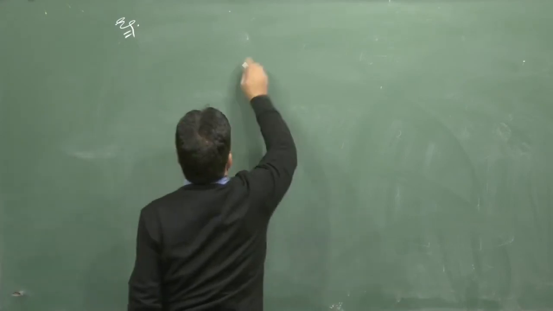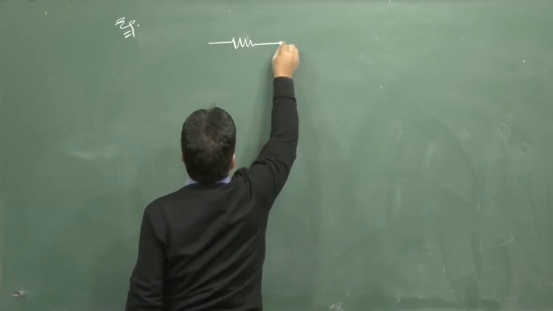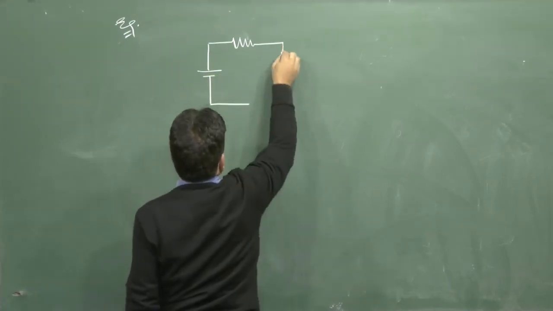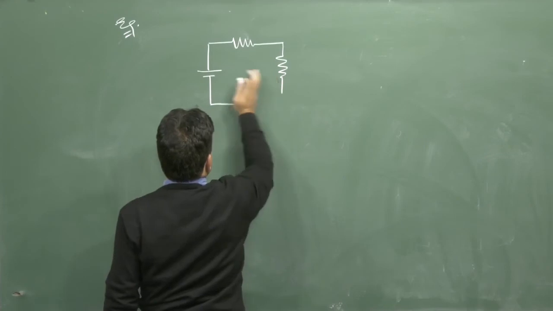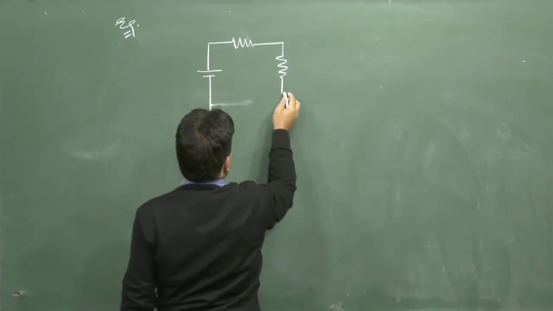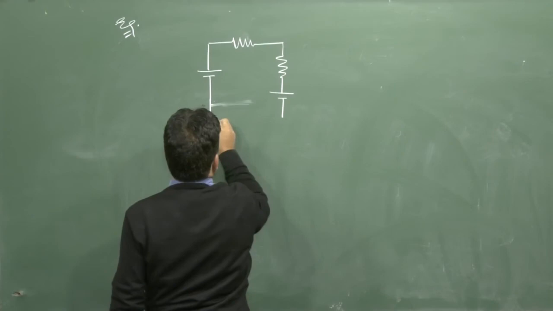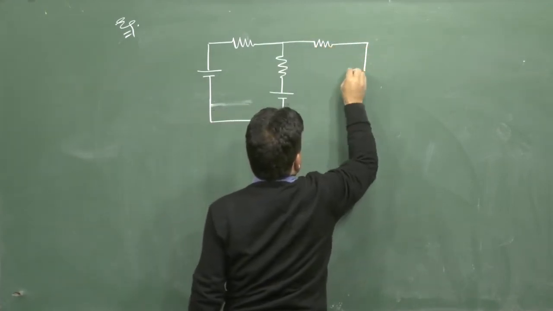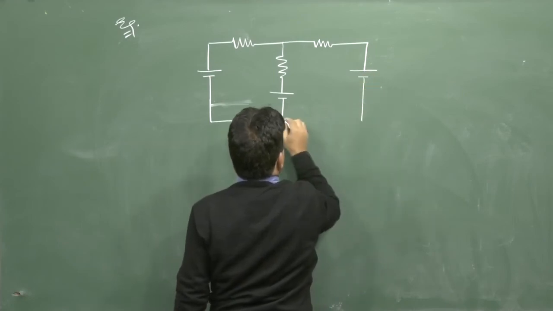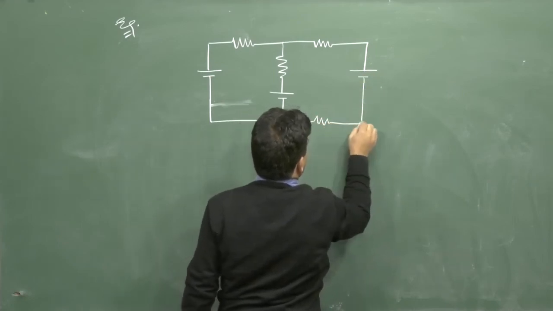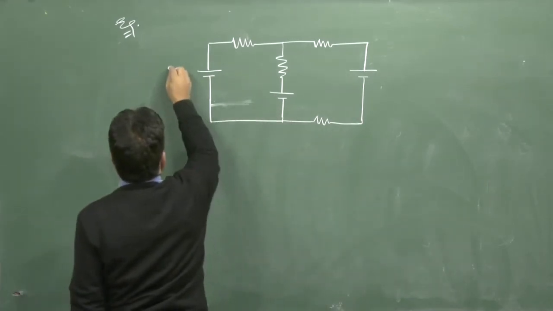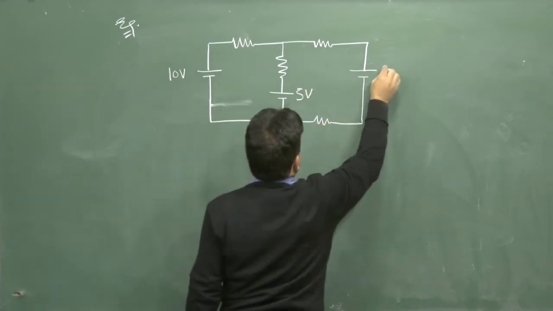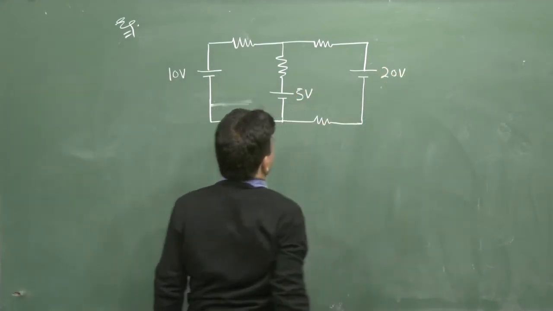Example. Let us draw an electrical circuit like this. Let us suppose that this is a 10-volt battery, 5-volt battery, 20-volt battery.